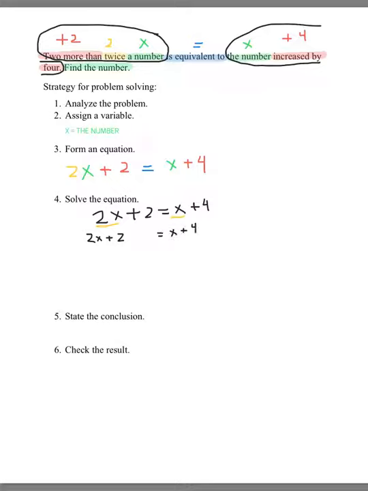And then again, we're going to subtract x from both sides, not just one side. The reason for this is because on the right hand side, we have a positive x minus an x, so those simplify out. And then on the left hand side, we have 2x minus x. Combining those two is going to leave us with just 1x. And we just bring down the plus 2.